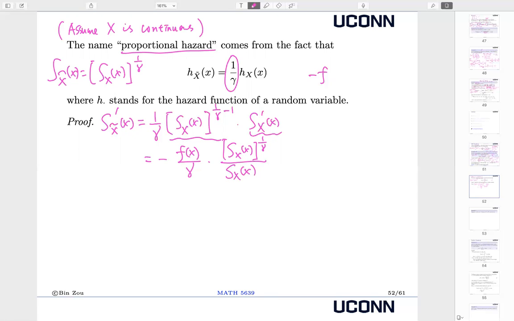I cannot change the value of it. So I put back what I originally had. So now let's divide this.